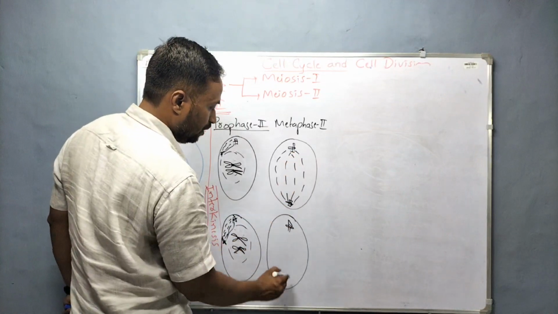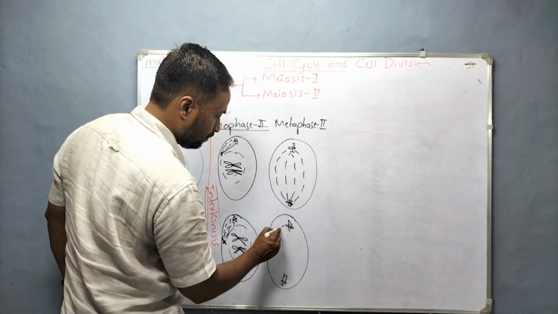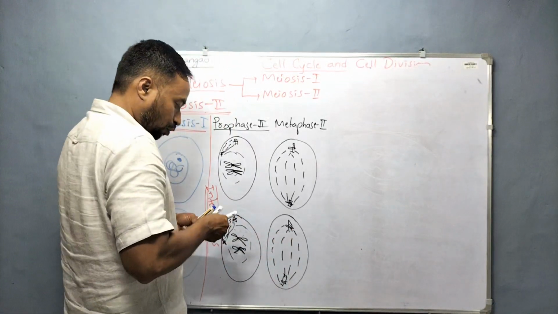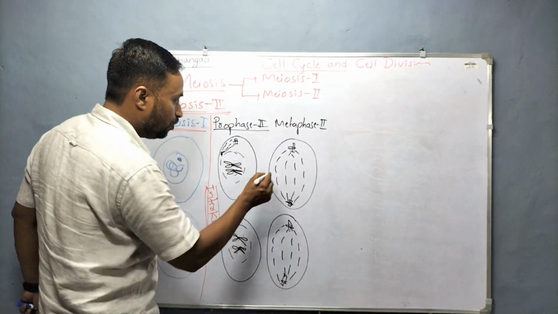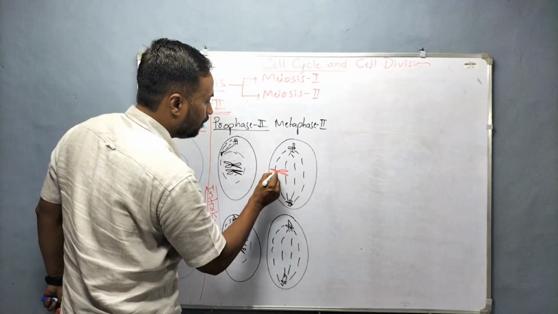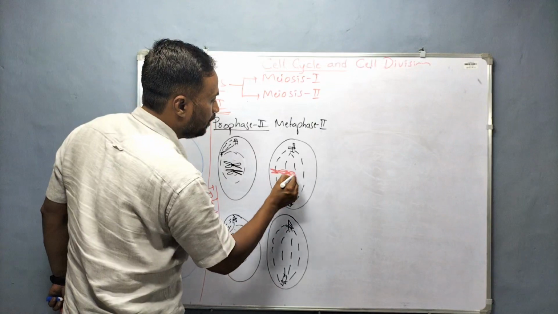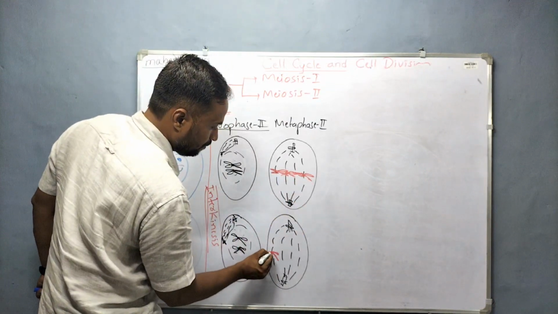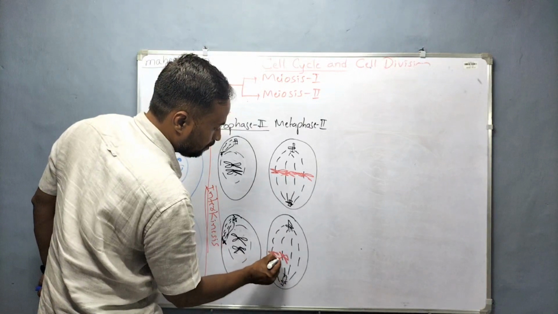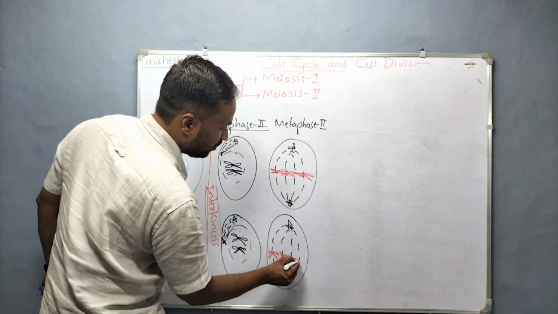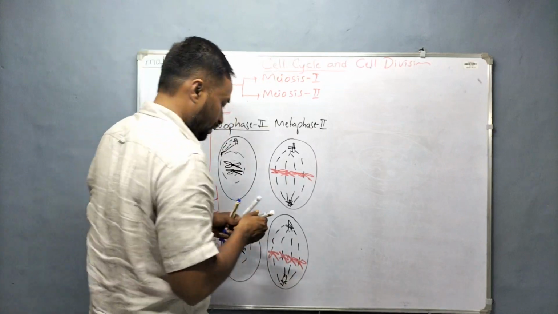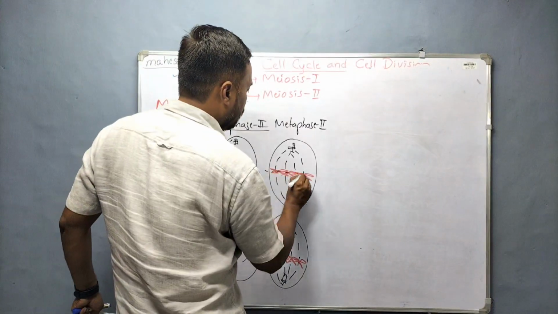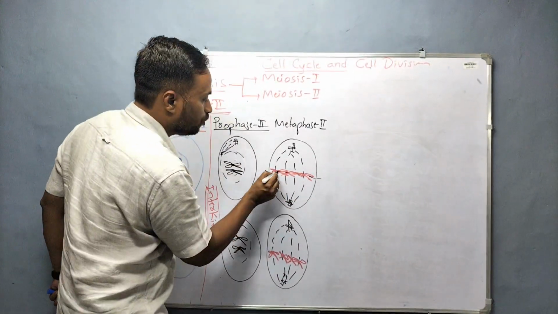Okay, this is how metaphase looks. These chromosomes will come and lie on the central equatorial plate like this, the same as in mitosis. Then the spindle fiber attaches to what?